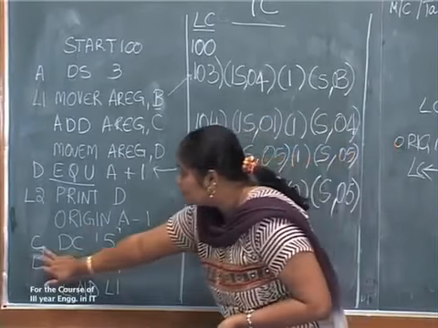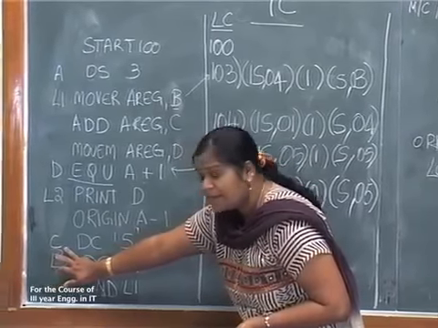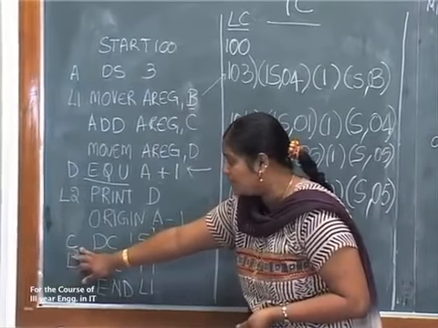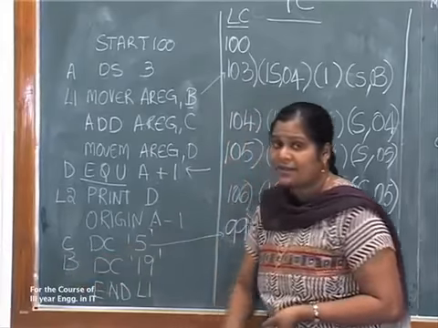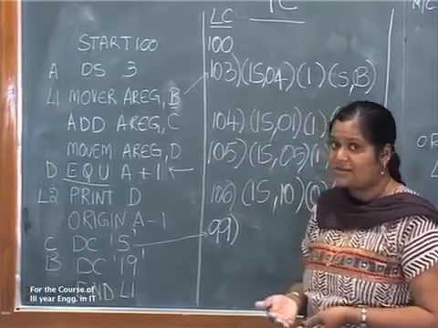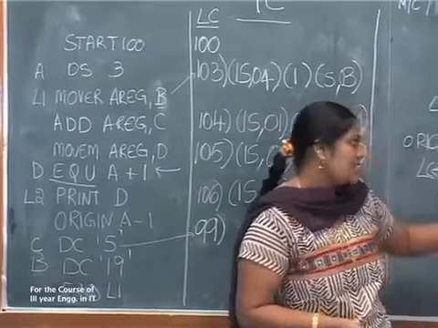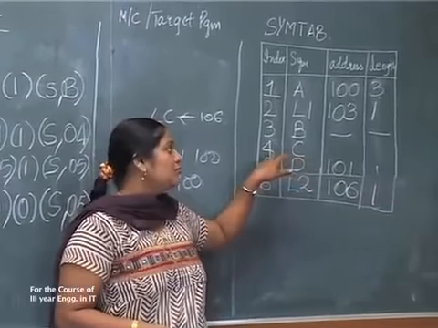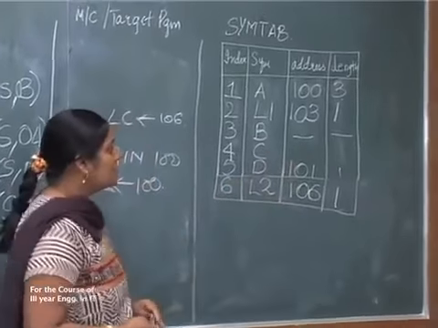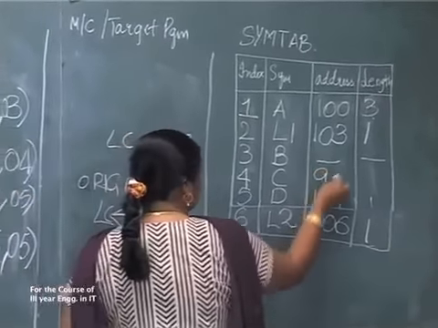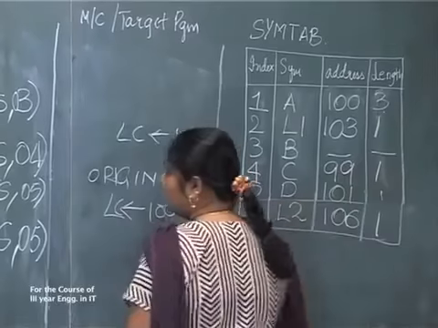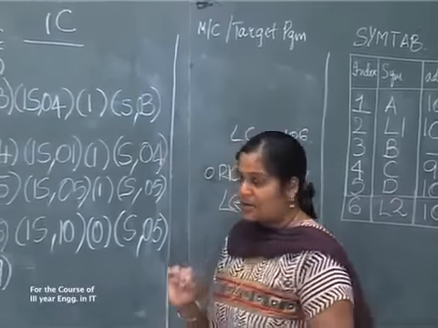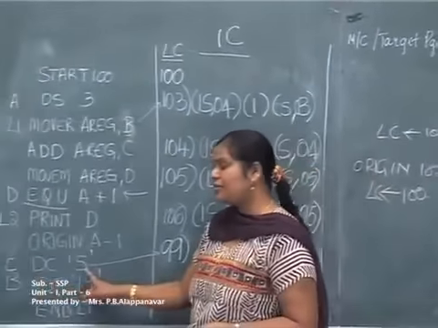For this particular label that we have encountered in our assembly program, I have to enter it if it does not already exist in our symbol table. It is there, at location 4 we have symbol C. So I put the associated location counter value, which is 99, and I write the length as 1, because I have declared only one constant.